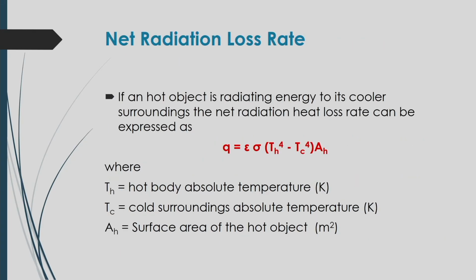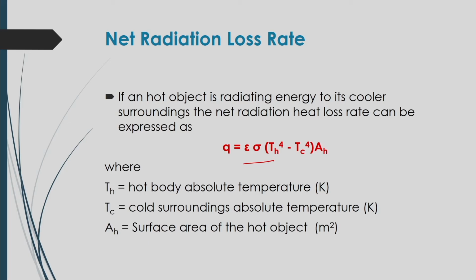How do we calculate the net radiation loss rate? If a hot object is radiating energy to its cooler surroundings, then the net radiation heat loss rate can be expressed as Q equals epsilon sigma into Th to the power 4 minus Tc to the power 4 into Ah.